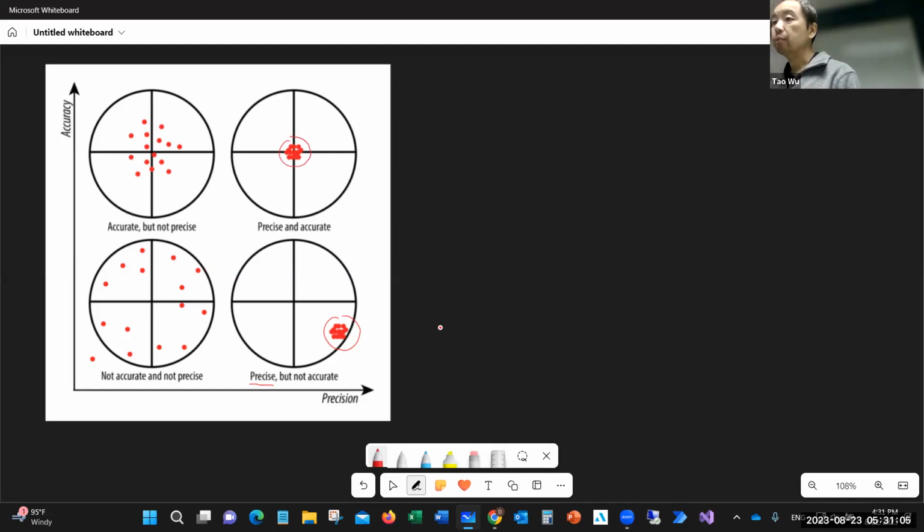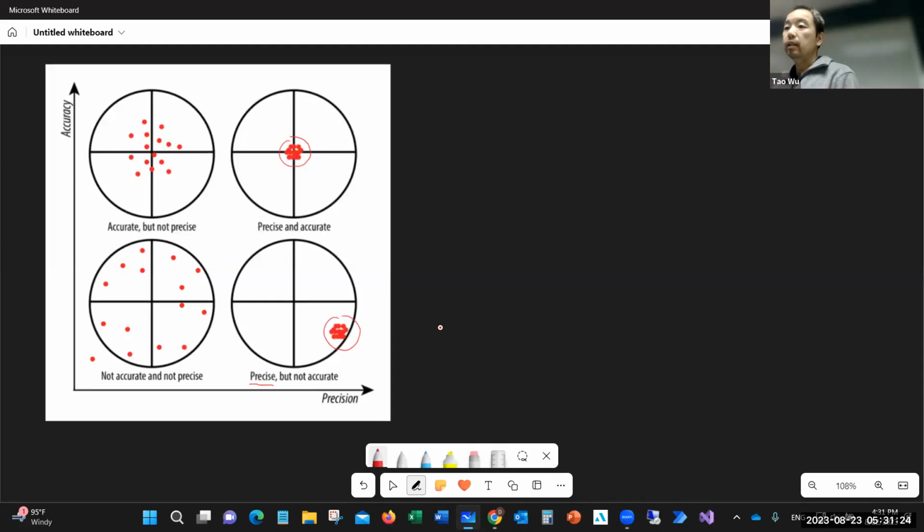So not just precise, but also accurate, because all of the data you have is aggregated together, very close to each other, and also very close to the target number. That's called precise and accurate.